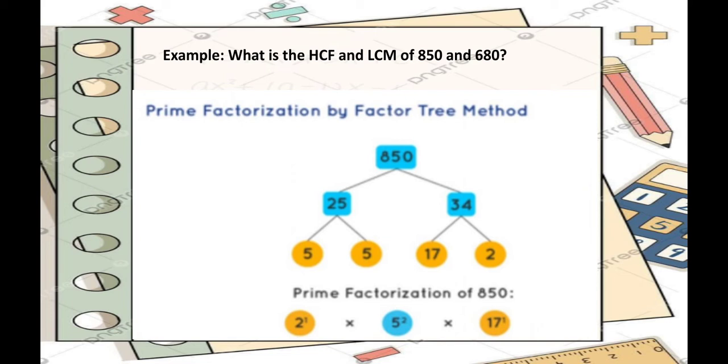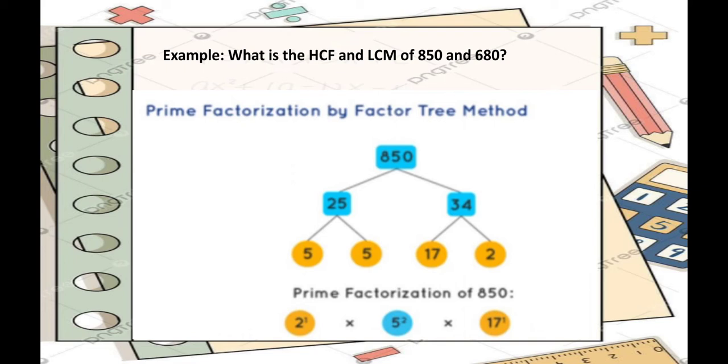Also, when we find the HCF by prime factorization method, we are finding the greatest common factor among the prime factors of the numbers. So first is find the prime factors of each given number.